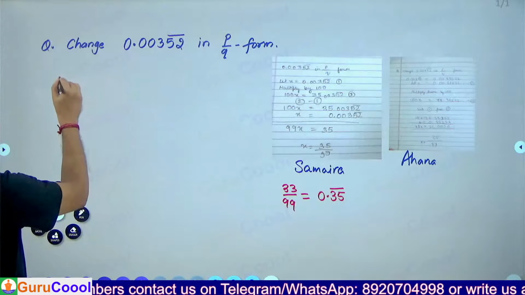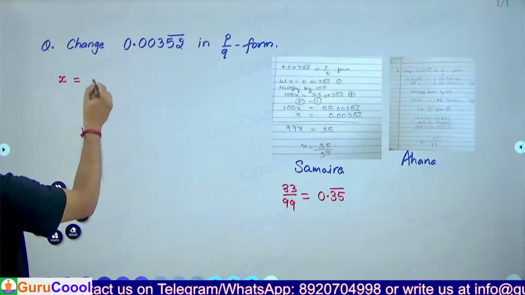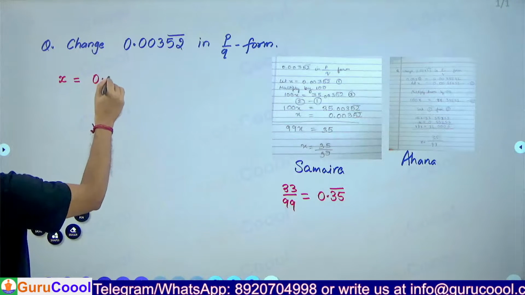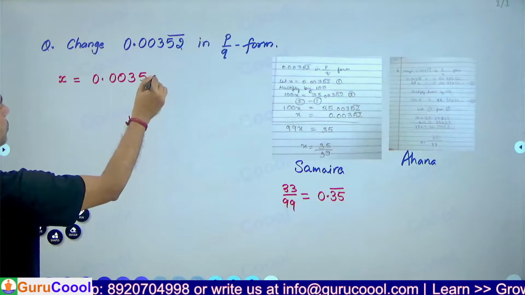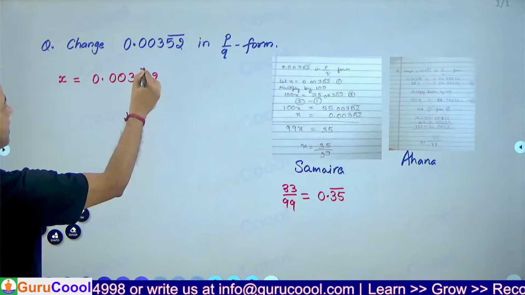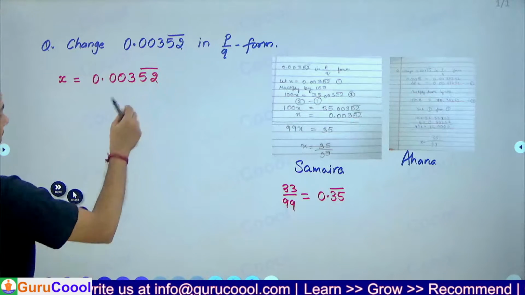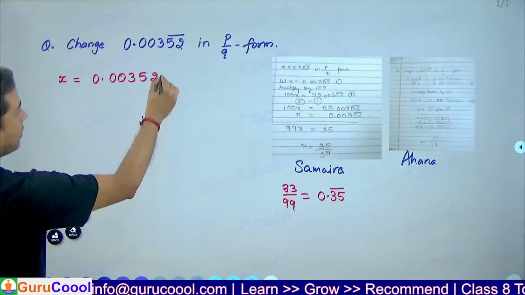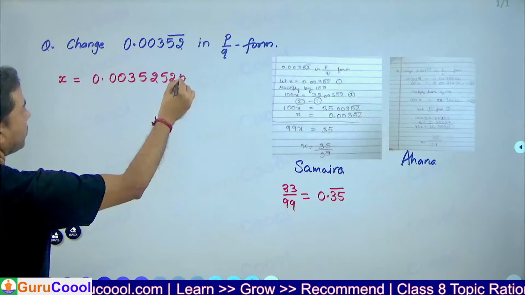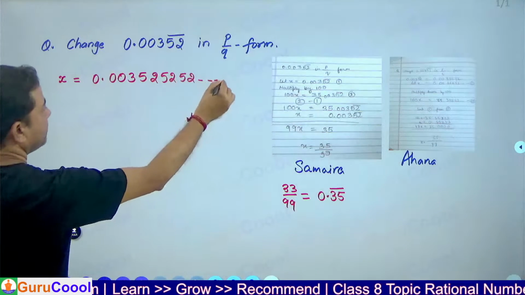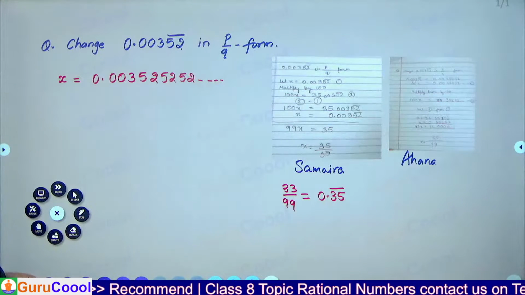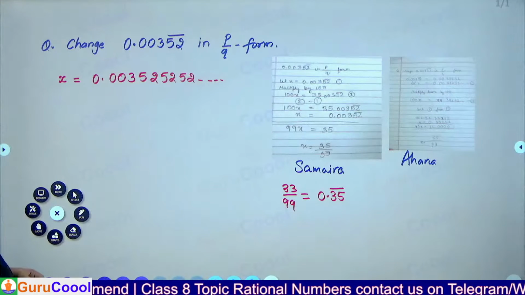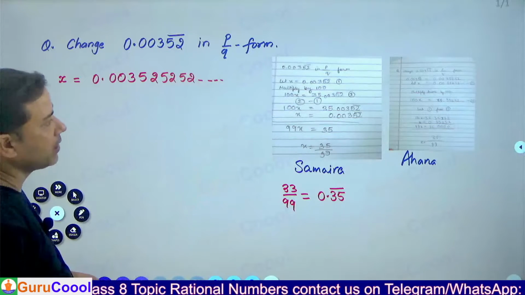First step, take this equal to x, 0.00352, and 52 has bar sign over it. It may be repeating 52, 52, 52, and so on. With what number we should multiply here? You have multiplied with 100.